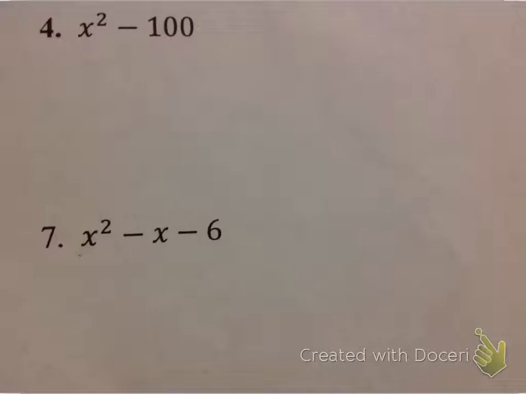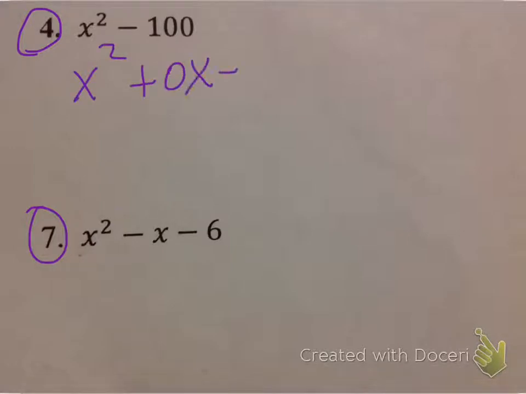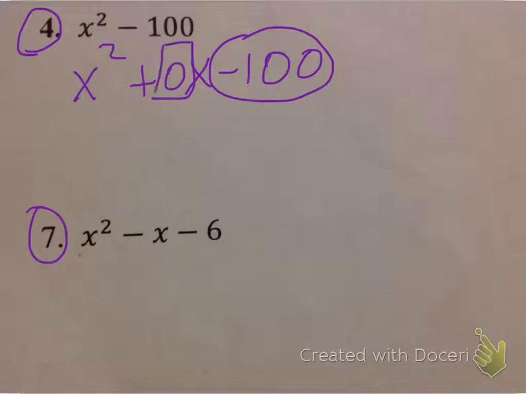For the next type of problems, I've picked 4 and 7 because they're very similar. And each of these problems was only worth 1 point, because x squared minus 100, if you rewrite it, I'm looking for what multiplies to give me negative 100 and adds to give me 0. And there's only one way for that to happen.